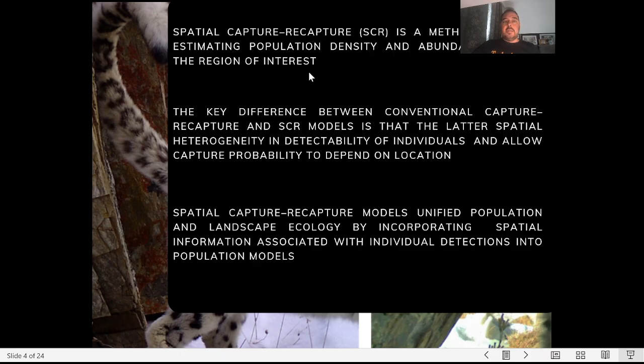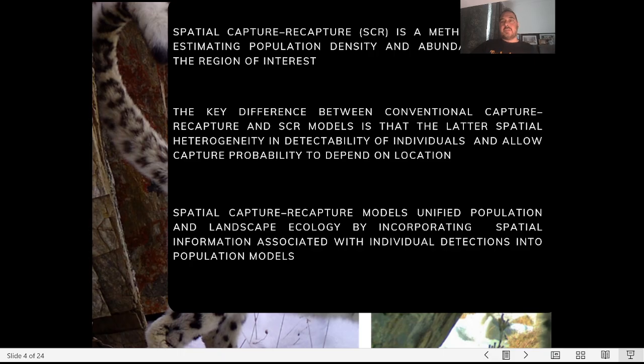So the key difference between the conventional capture-recapture and the spatial capture-recapture model is that it allows for heterogeneity in detectability of individuals and capture probability depending on the location. In a few words, it is more flexible.